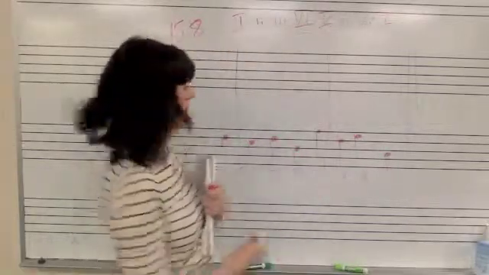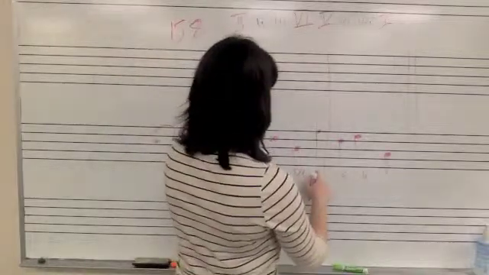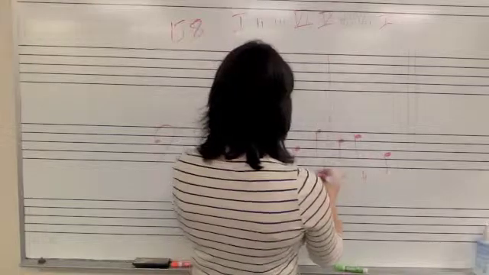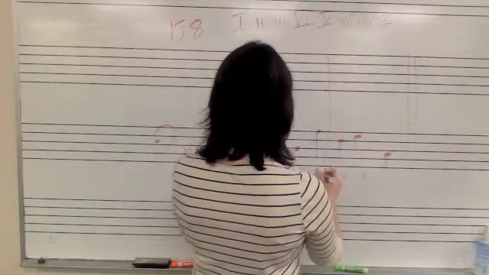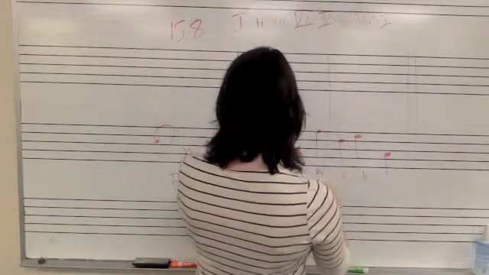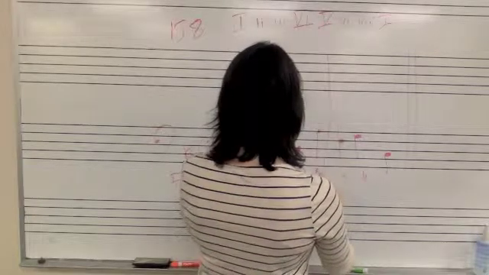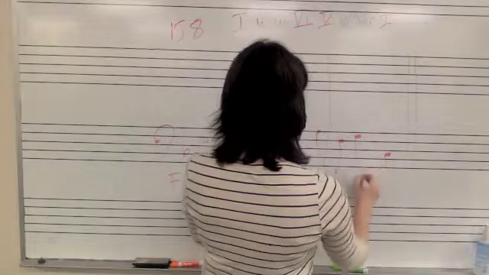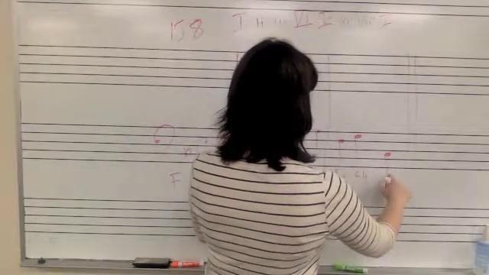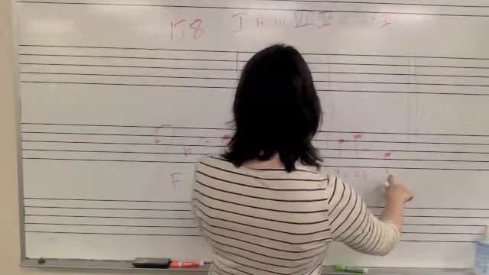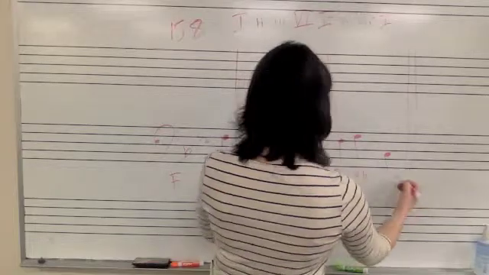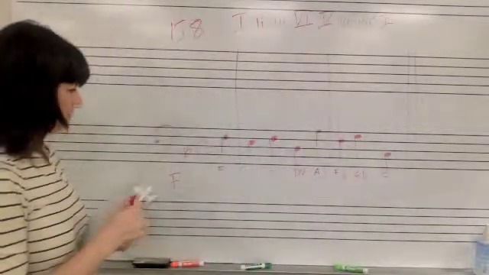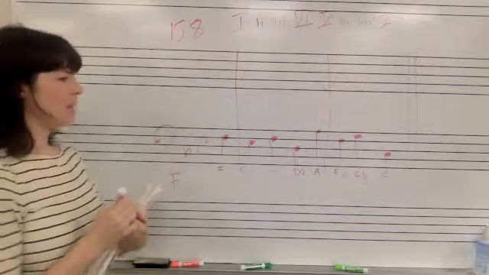We don't know yet. All right, then we go up to A. So we've got an A chord, maybe minor. And we're back to F, up to G. And then finally we end on C. All right? So that's our macro analysis.